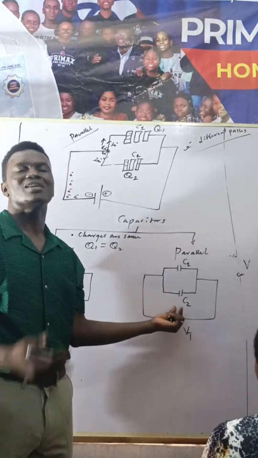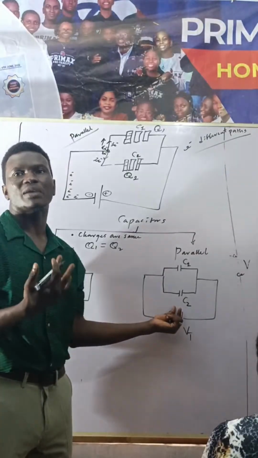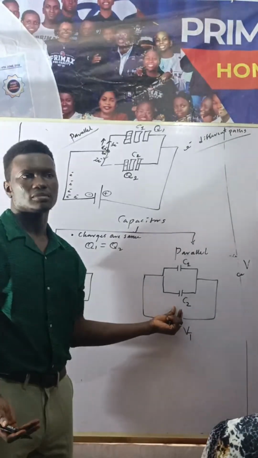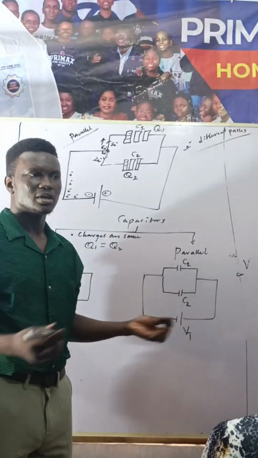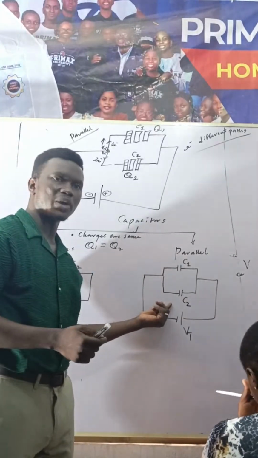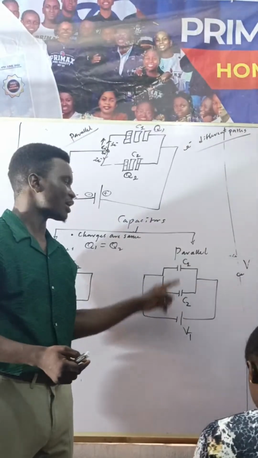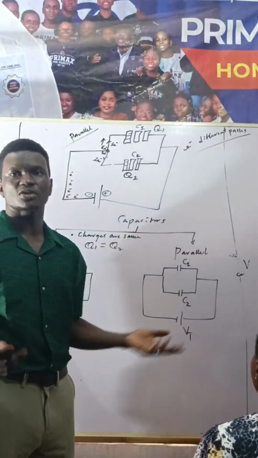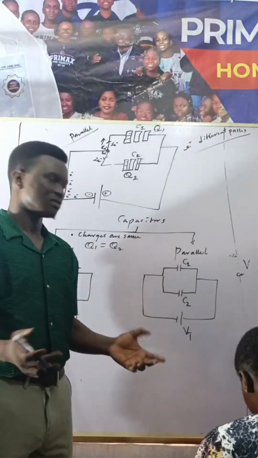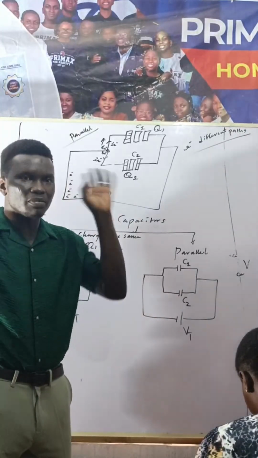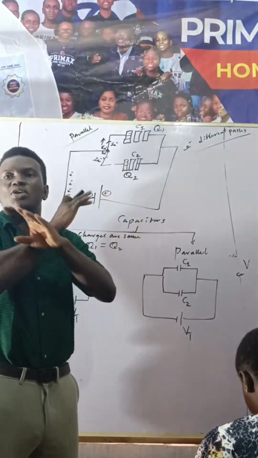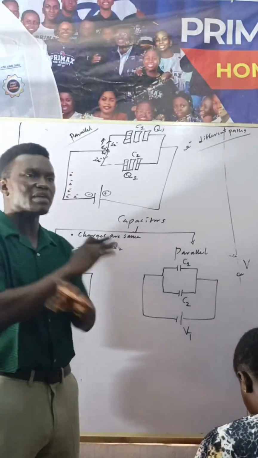The only thing that can make that true is when their capacitances are the same. Do you get that? Because when you connect them in parallel like this, it is the same potential for both of them, and if their capacitances are the same, their charges must also be the same. So I don't want you to have it at the back of your mind that it is always false, that the charges can never be the same.